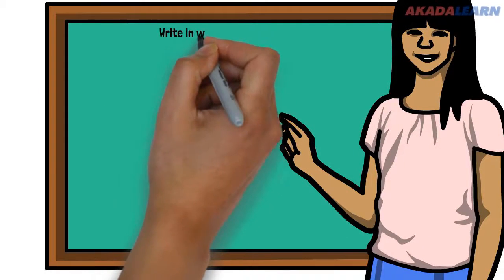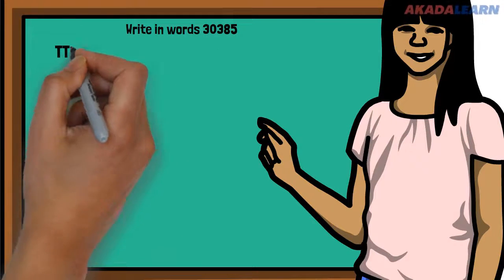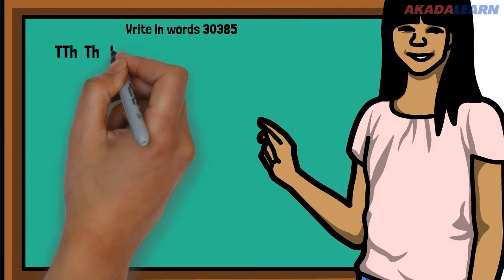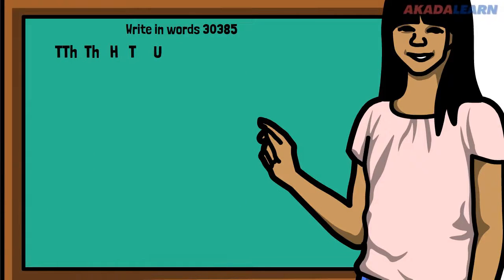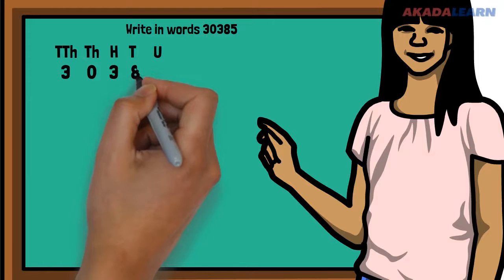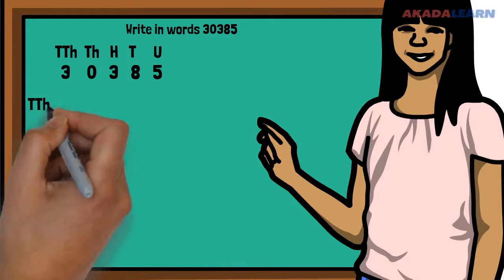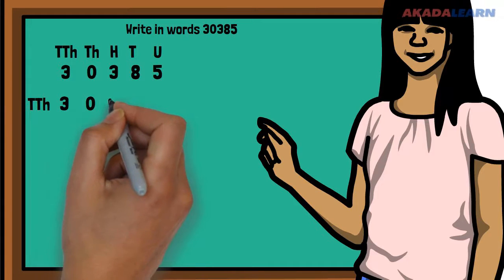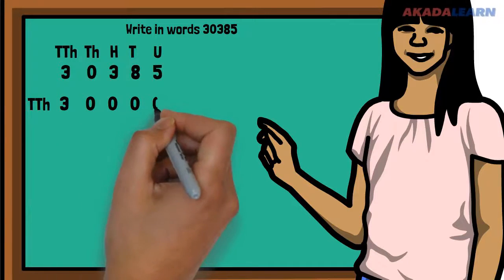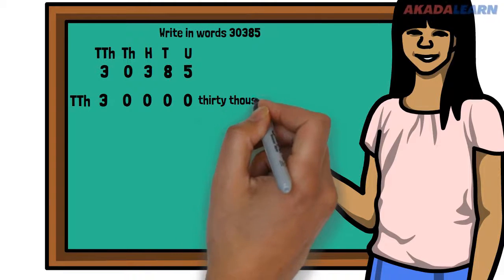Alright, the next question, write in words 30,385. So let's start with our place values: tens of thousands, thousands, hundreds, tens, and units. Starting with tens of thousands, that's 3, which is 30,000.